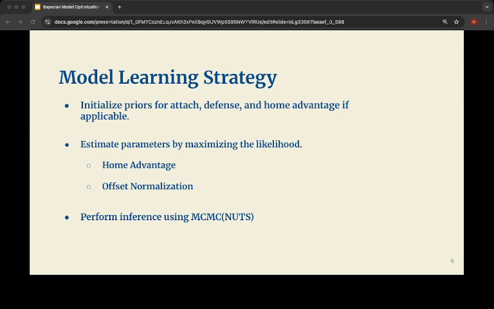And we use lambda for the exponential values. We're also using the same inference, the MCMC sampling method, which samples the posterior distribution of attack and defense values and determines the most likely team strengths.